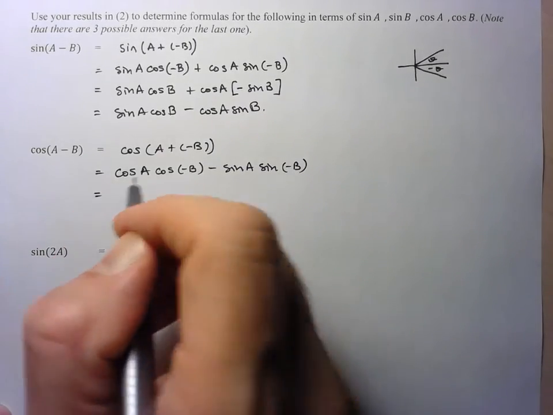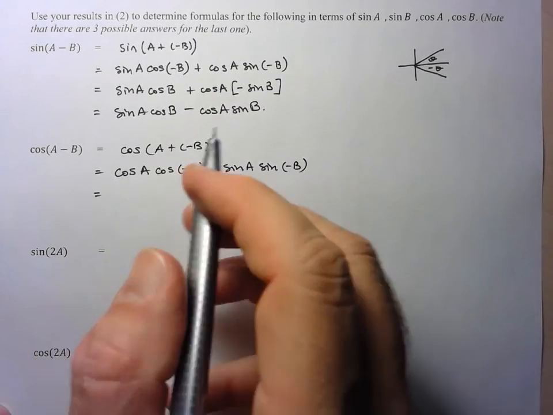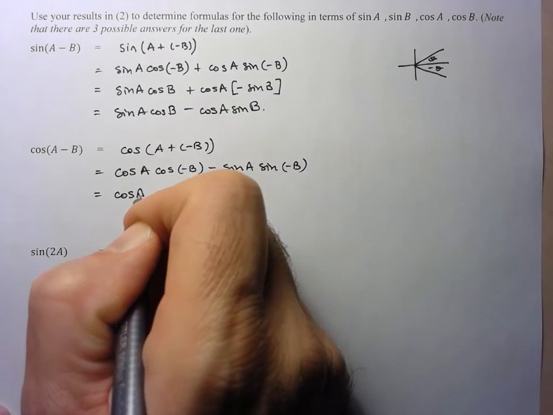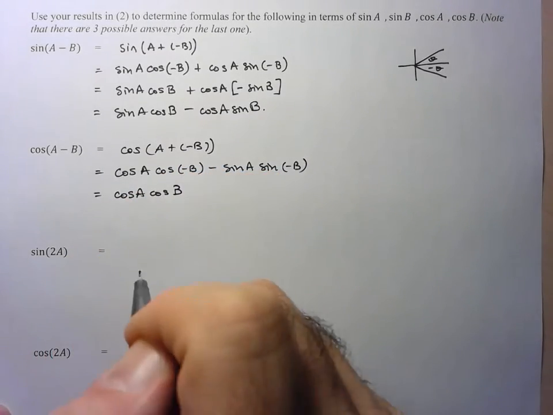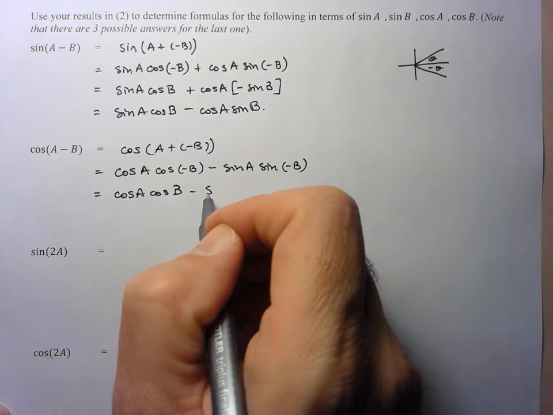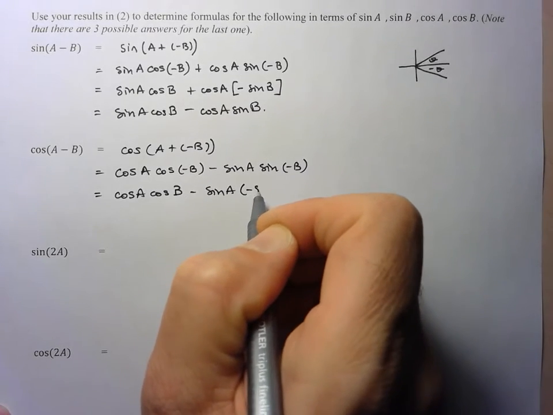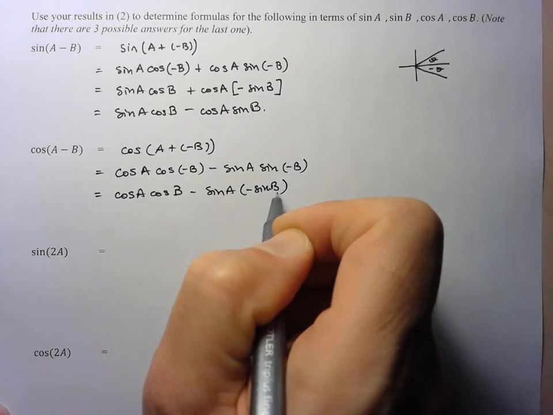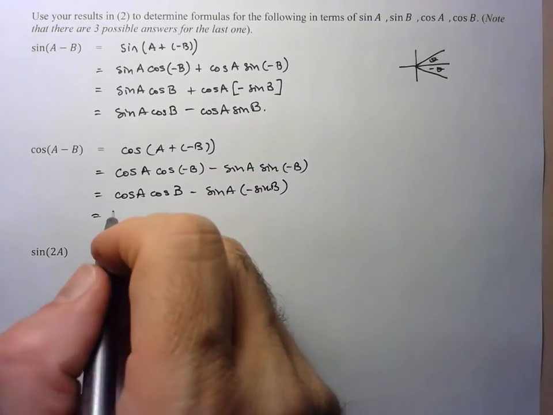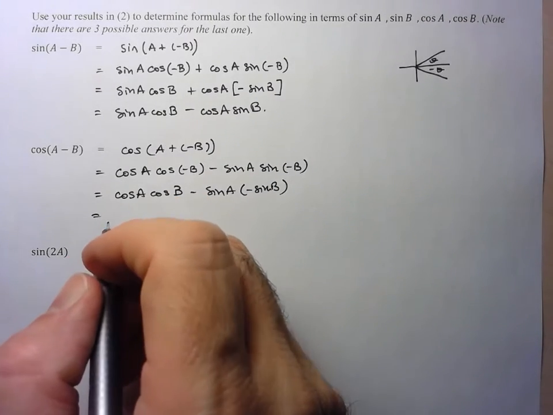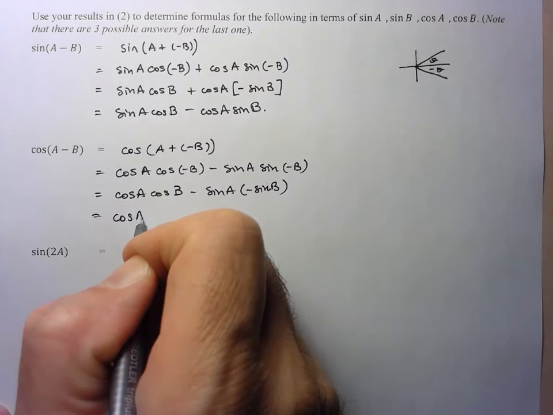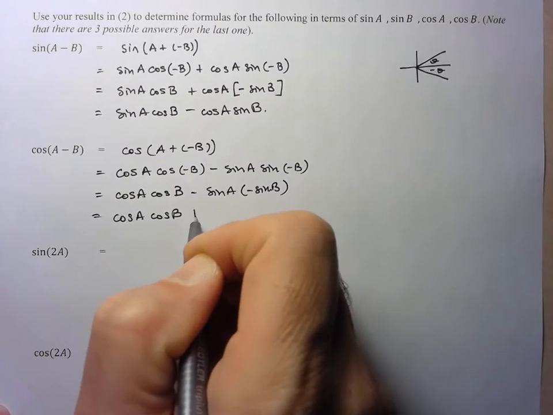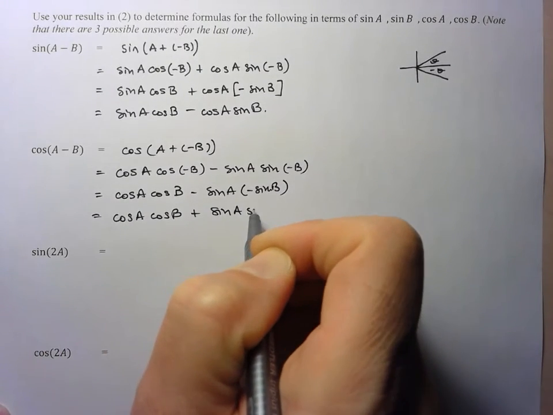And again, we're going to use these same related angle identities to give us cos a cos b minus sine a times negative sine b. And so again, clean this up with the negatives, so we end up with cos a cos b plus sine a sine b.